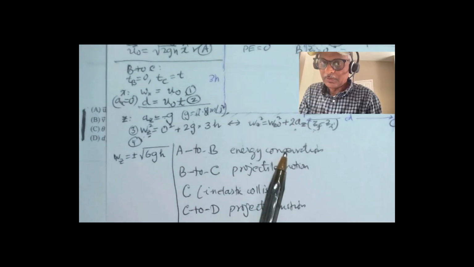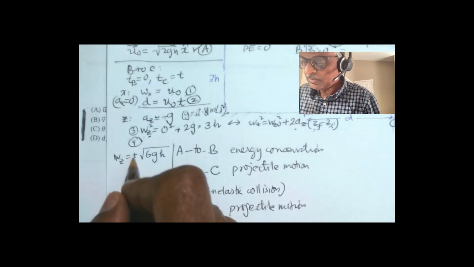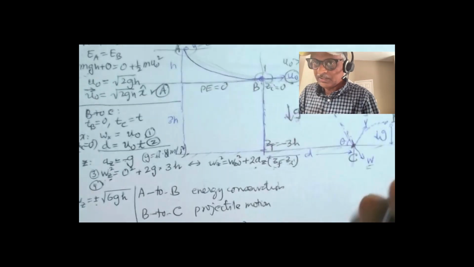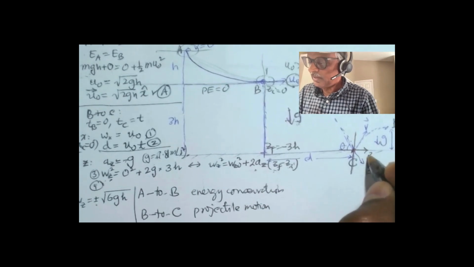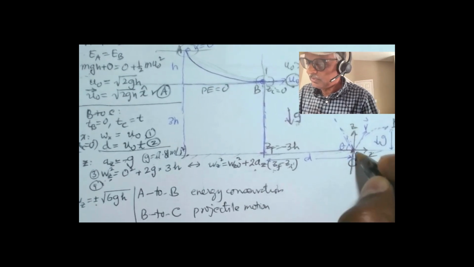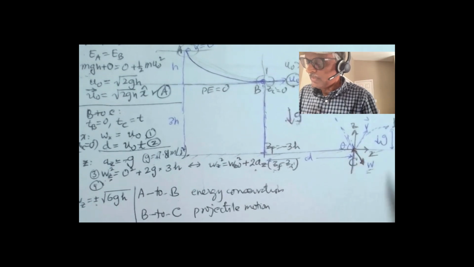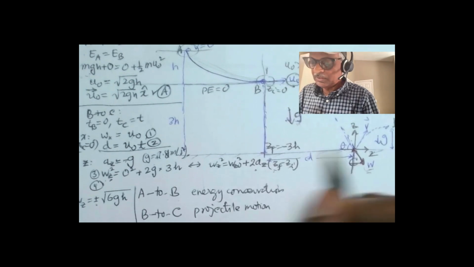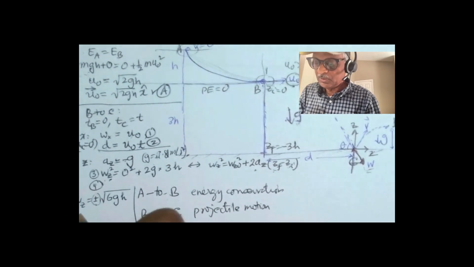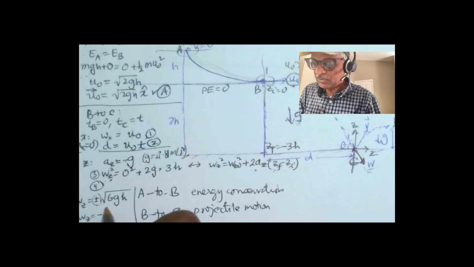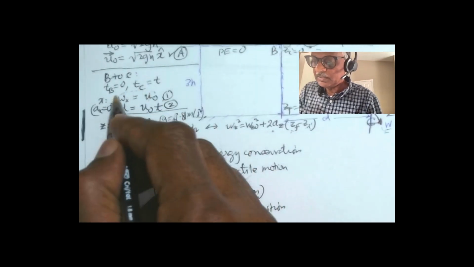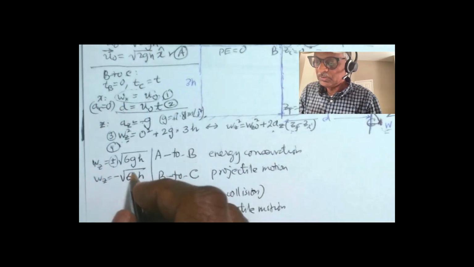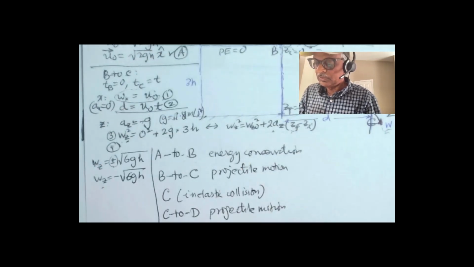Okay, so we've decided between plus and minus, and if you look at this w, if you put the x-axis here and z-axis here, and this vector is pointed this way, then this w vector will have a negative z component. So out of the two, you'll have to do wz equals minus square root of 6gh. Okay, so now I have wx, which is u0, already known, and wz is already known.